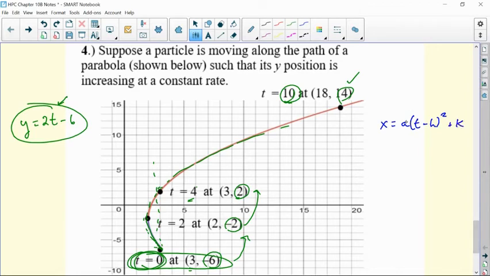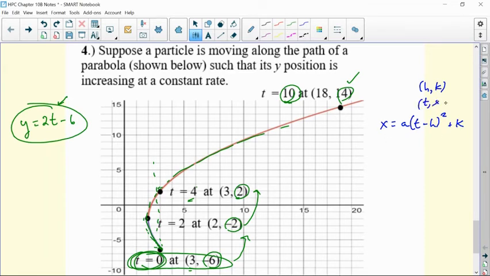A, remember, determines how wide this opens. The variable is t, so our vertex is h comma k. This is where it gets confusing: h, because it's part of this component, is actually a t variable, and k, because it's outside, is actually an x variable.